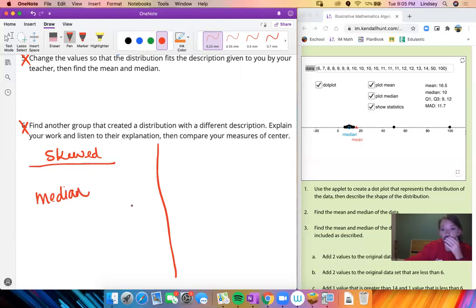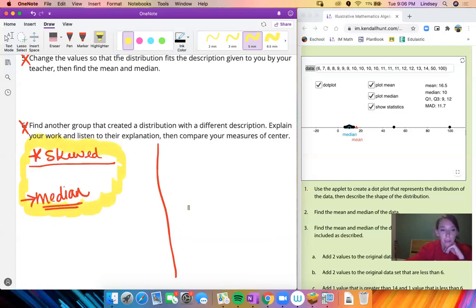If I'm ever looking at a distribution and the data is skewed and it wants you to find the typical number, it's wanting you to find the median, because that is going to be the value that is not affected by those high numbers and low numbers. If our data is skewed, we've just seen in 4 different examples that the mean every time was changed. So that's not going to be a really reliable number when we're trying to draw information from it because it can so easily change by the extremes. So what you need to know is when the data is skewed, you're looking at the median.